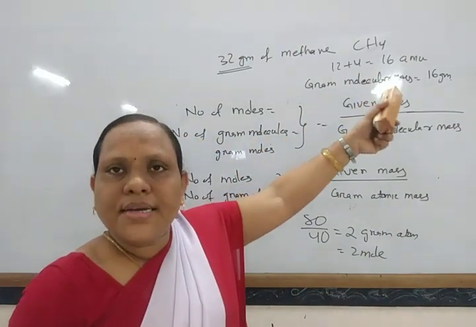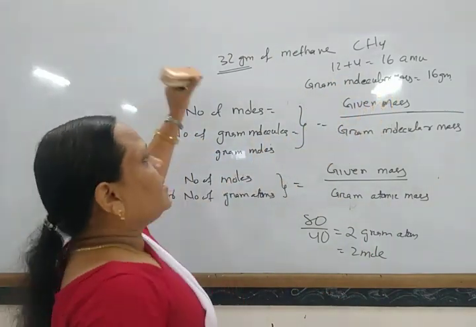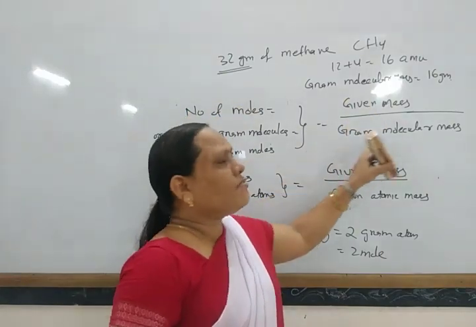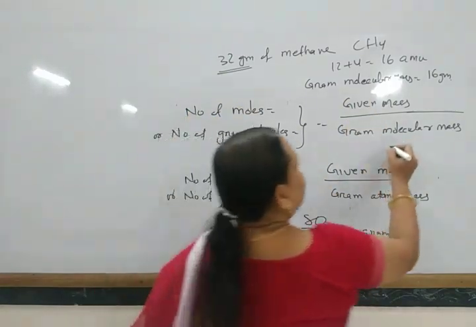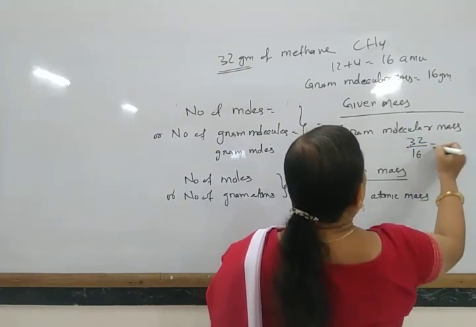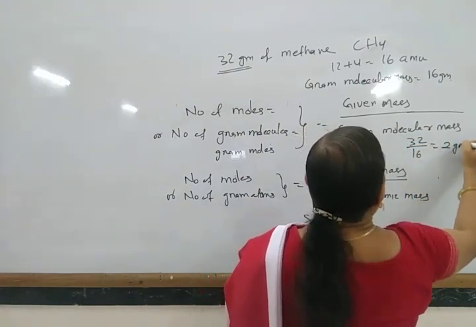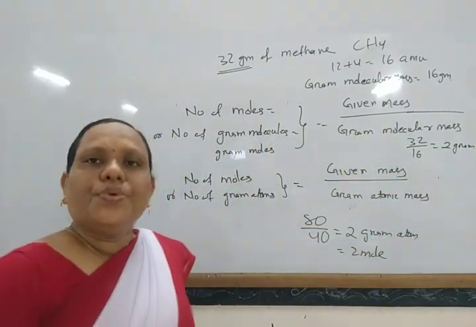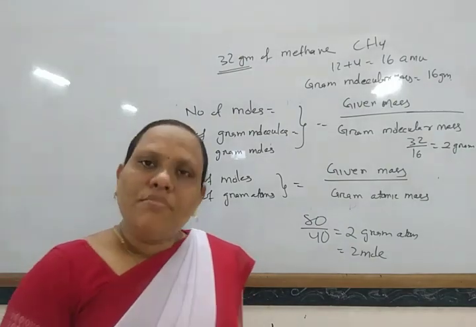So number of moles is given mass by gram molecular mass, that is 32 by 16, equal to 2 gram mole, or 2 mole, or 2 gram molecule.